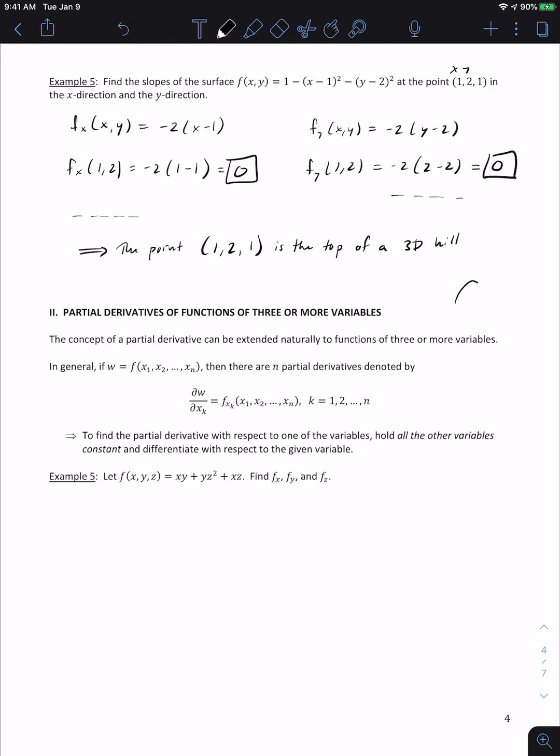You can think of some peak in three dimensions. This would be at the very top, and it would have a nice flat plane that sits right on top of that hill, and that's what we get from this information about the x and y derivatives both being equal to 0.